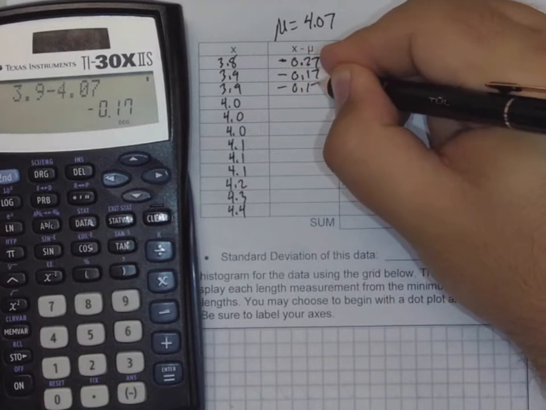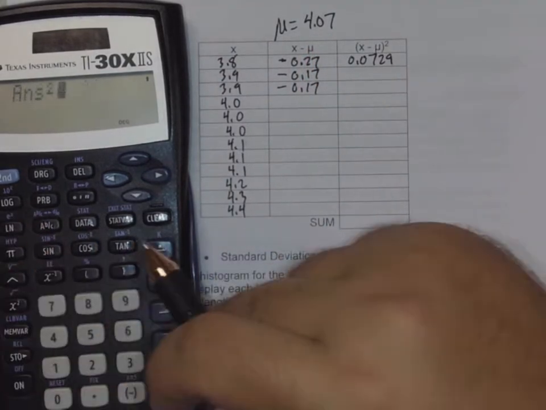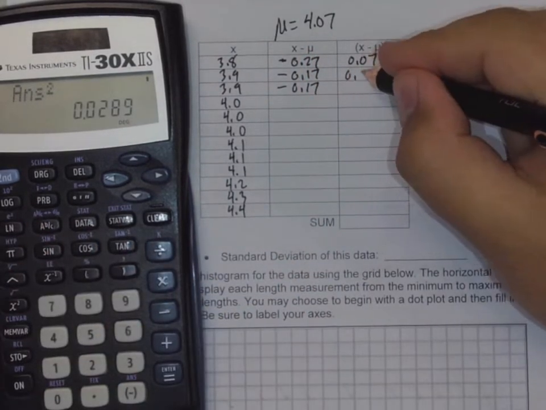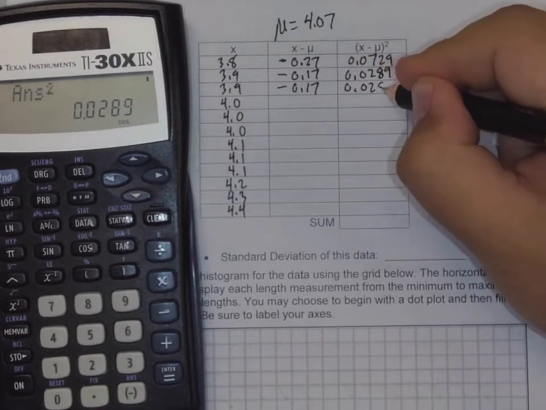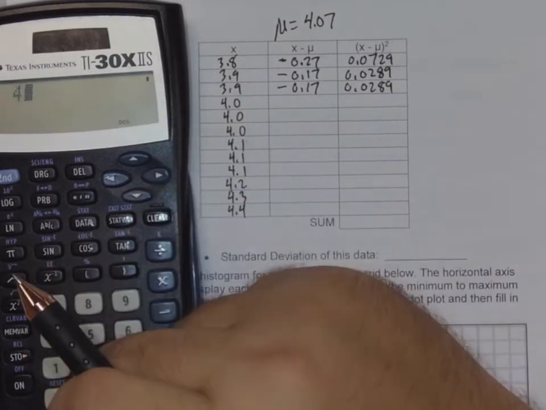Now 3.9, I have the same thing. Let me square this number. And same kind of scenario.